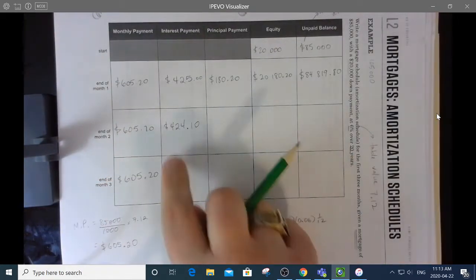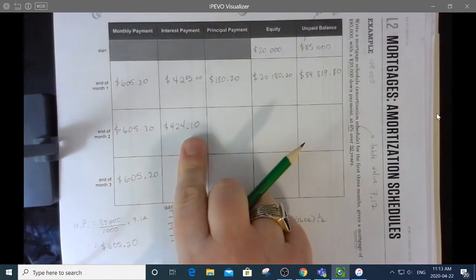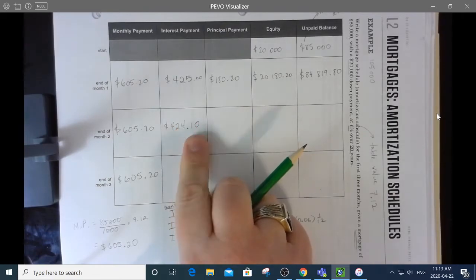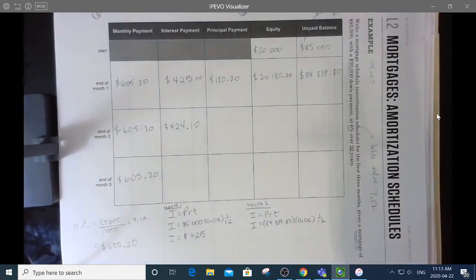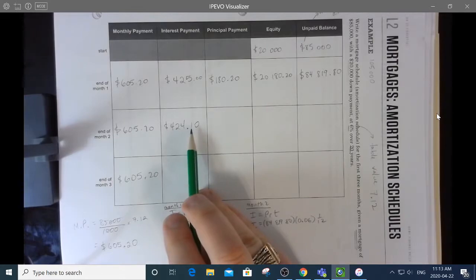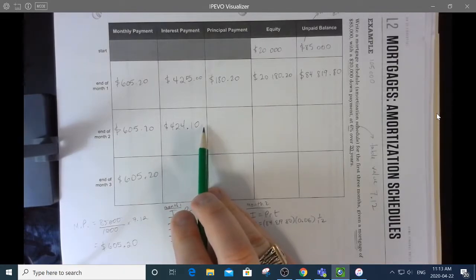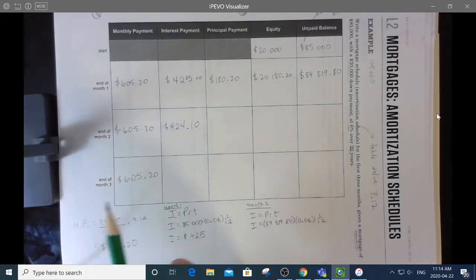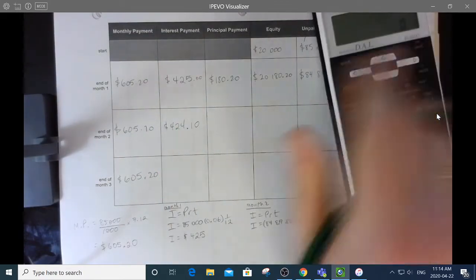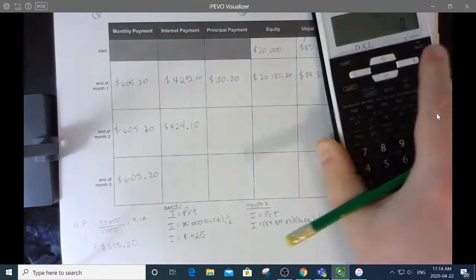So I rounded this number, and I'm going to use the rounded number because that is the way banks do it. I know this wasn't really 10 cents. It was 0.099. But banks, when they go from month to month, they round these numbers. So I need to use the rounded number. So I'm actually going to have to repunch that.